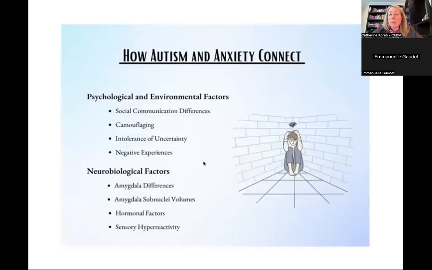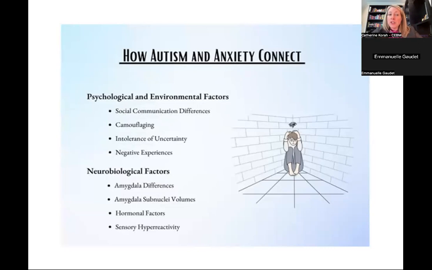And so here are just some examples of the connection between neurodiversity and anxiety. Some of them will come from the environment, where the way that we communicate might be neurotypical and we're not honoring the differences in communication in our neurodiverse population. It could be that the person is trying to camouflage their differences, like not stimming, for example, because they don't want to stand out, they want to fit in.